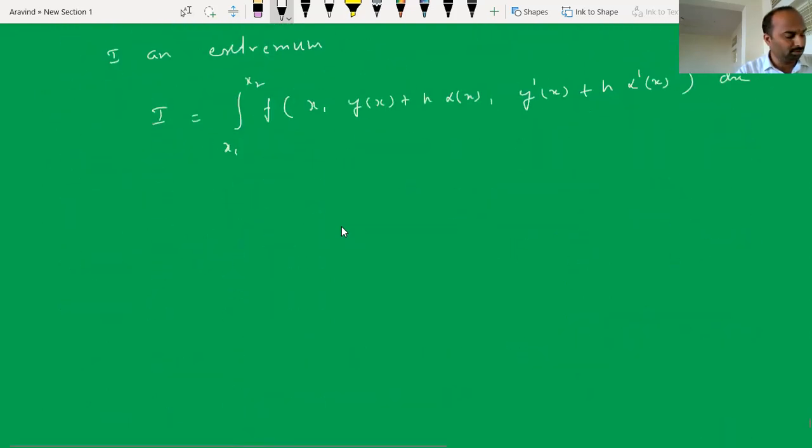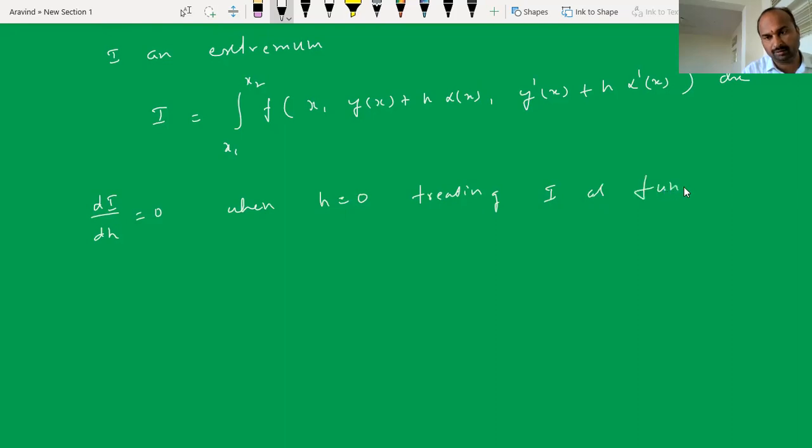So now dI/dh equals 0 when h equals 0, treating I as a function of h.